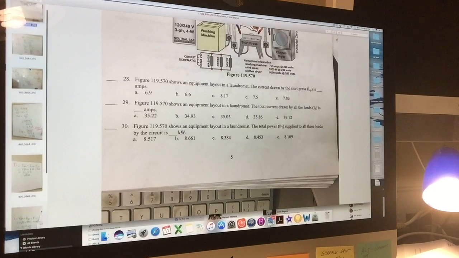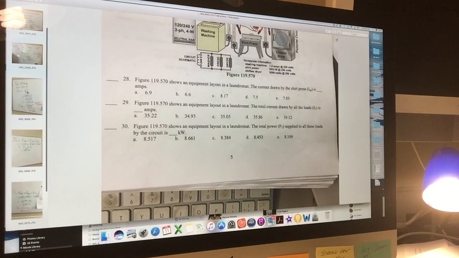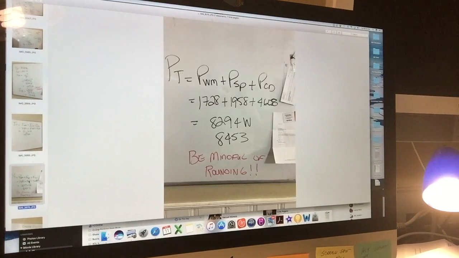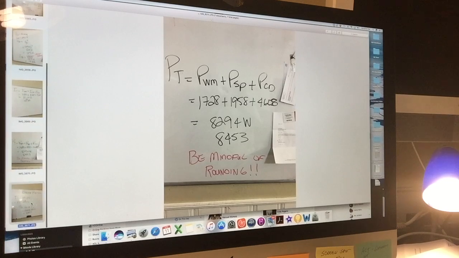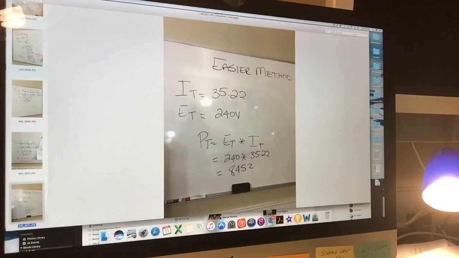Let's see here. Maybe we didn't find the power. I don't see it, but here's the total power for each one of those calculations. So you can go back and find the power of the wash machine, shirt press, and the clothes dryer, and add them together. Of course, be mindful of rounding, and that'll get your answer. Or you can take the total amperage multiplied by the total voltage, and it gives you this number.